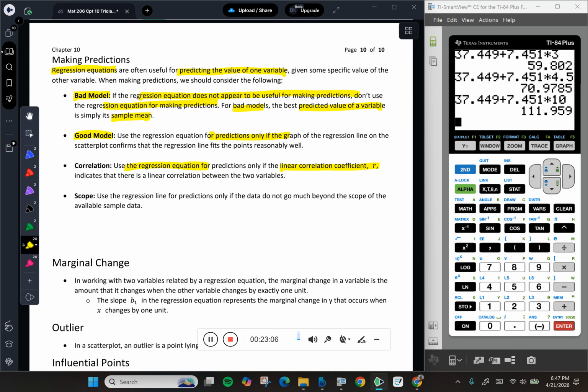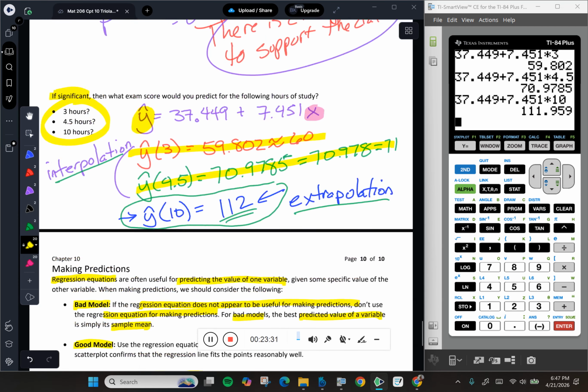And then scope, and this is that idea of interpolation and extrapolation. Only use the regression line. Don't go too much beyond the scope of the available data. So our data, remember, was 0 to 8. We tried to use it for 10, and it looks like 10 was just too far outside the data set.